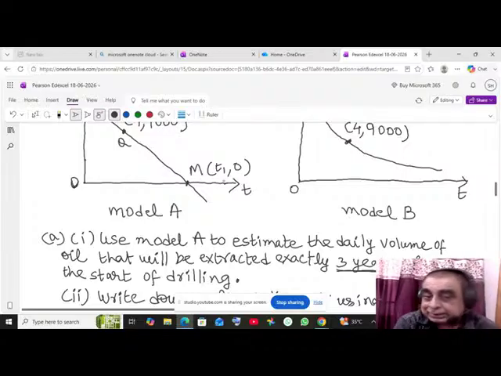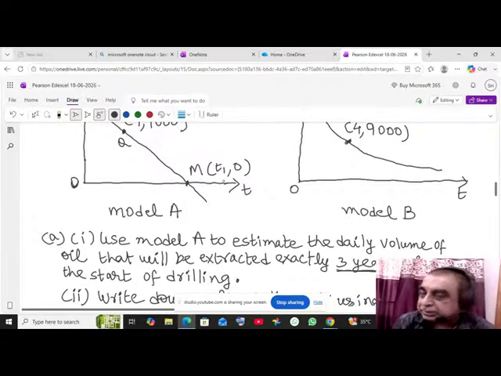So here, at some time, no oil will be drilled. But that is not actually what will be happening, because even after some years, there will be some oil drilled out.